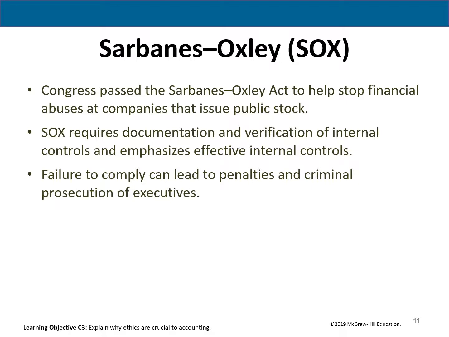Now, I know we're kind of flopping and flipping all over here, but here's the other thing, and this kind of ties back to fraud. Back in the late 1990s, there was a lot of corporate fraud that began to come to light for whatever reason.